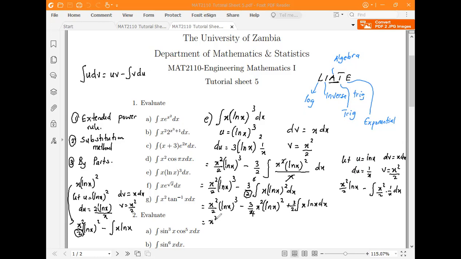We are at x squared over 2 ln x power 3 minus 3 over 4 x squared ln x squared, and then plus 3, it will be over 4 again because of that same 2, ln x. Of course, there's x squared there.